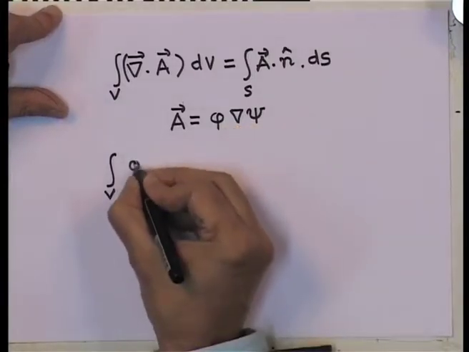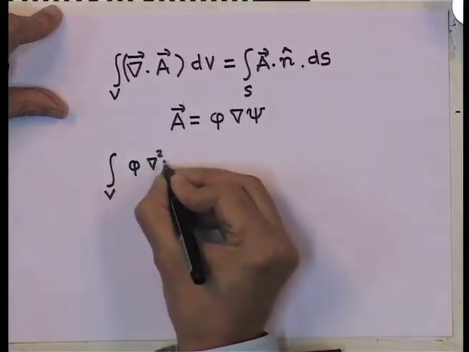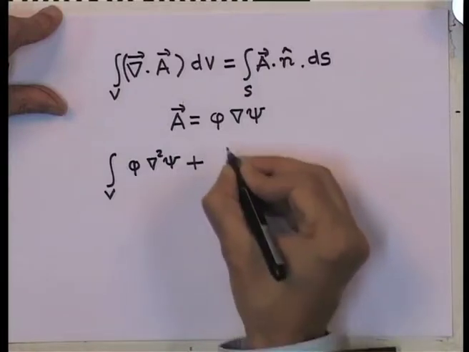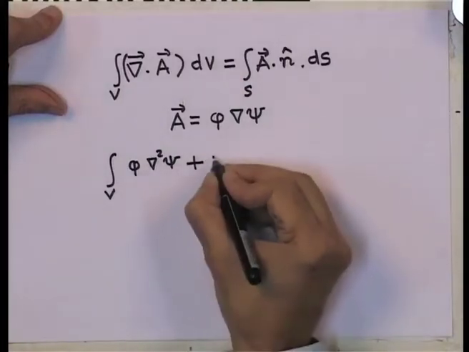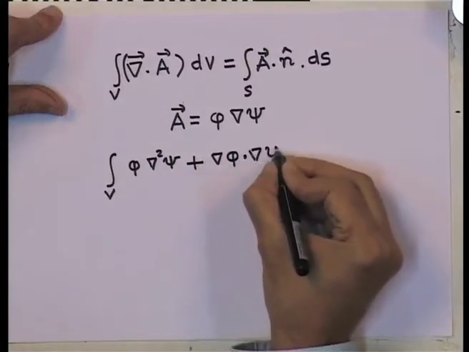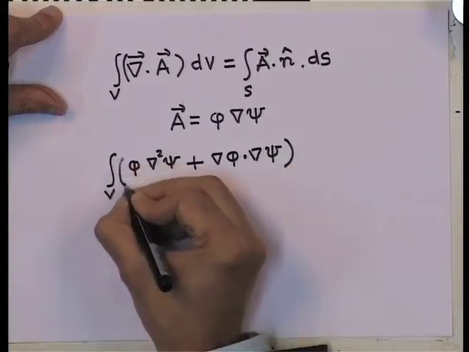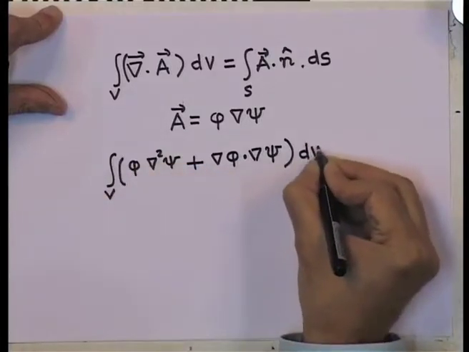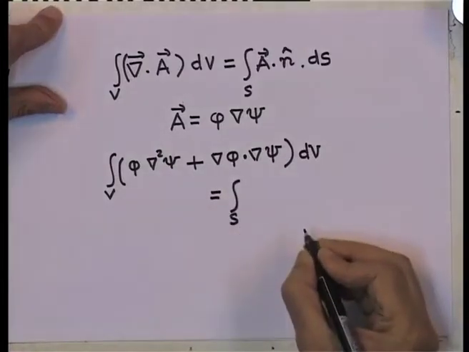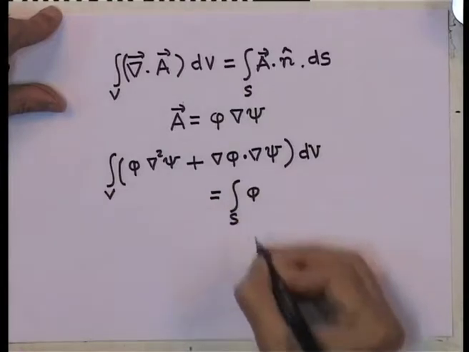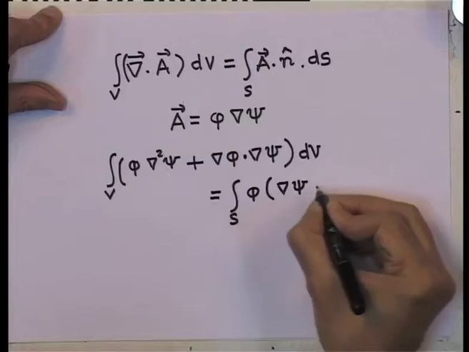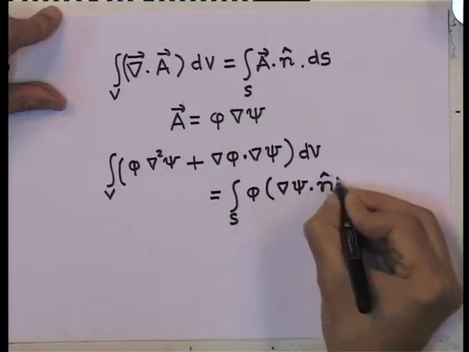So, scalar is phi times del square psi plus dot product of the gradient of this with the second vector, which is gradient phi dot with gradient psi, and this whole thing, volume integral being taken, is equal to the surface integral of phi, which is a scalar, times gradient of psi, which is a vector, dotted with n ds.